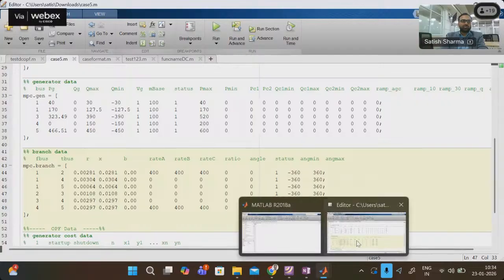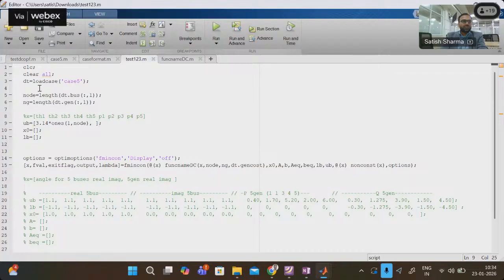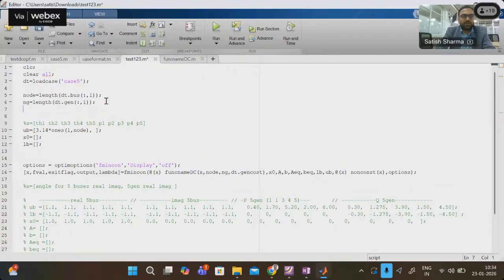So let's define it. P max equals dt dot gen, all rows comma 9th location will give me the maximum limit, and I will place it here, P max. Okay, so that is the maximum limit.